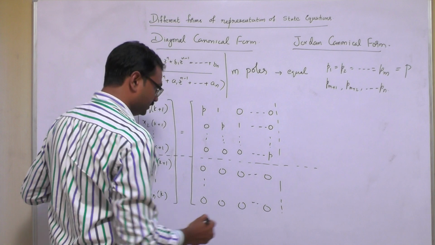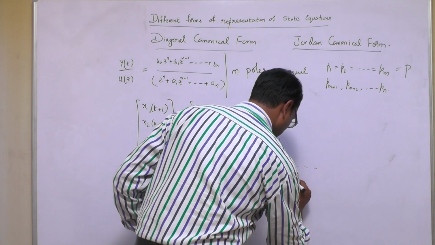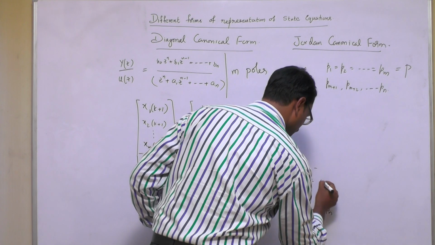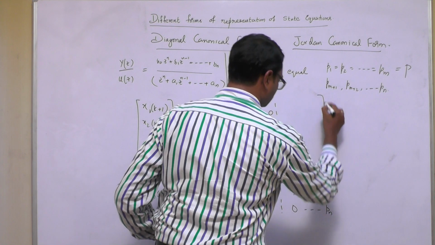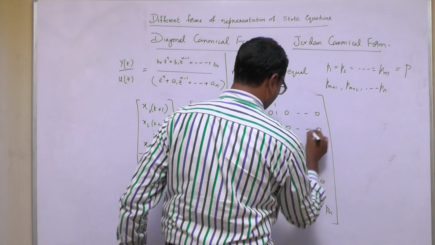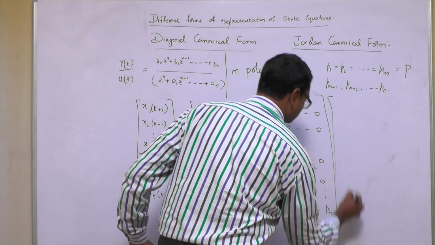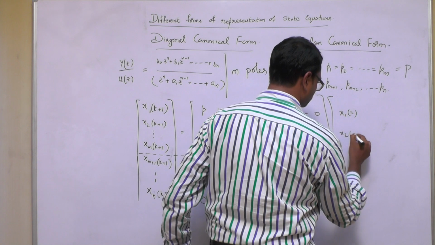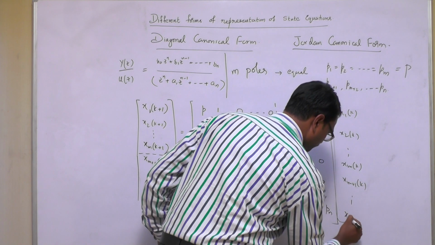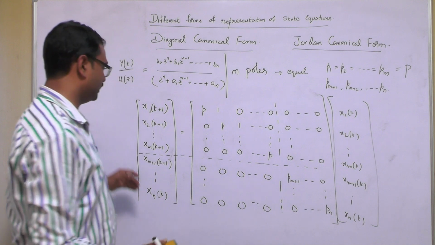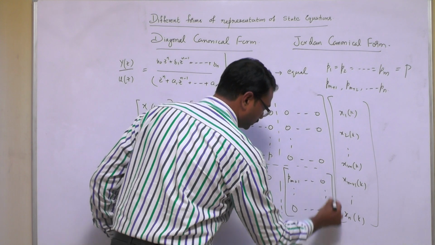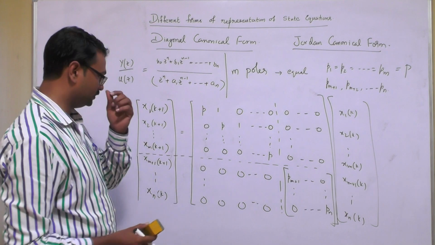And here you have Pm plus 1, 0, and Pn, 0, and all these zeros, multiplying x1 k, x2 k, xm k, xm plus 1 k, and xn k. So you will have all the diagonal elements, and this part is the diagonal part, and this is called the Jordan block of this system.